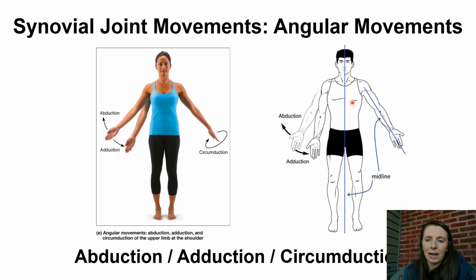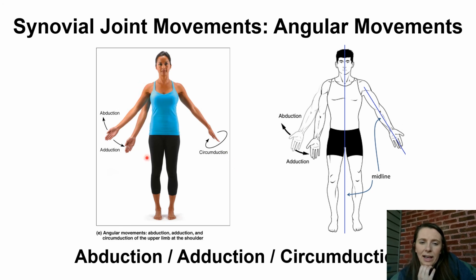So this would be the midline of the body, and then you also have a midline of your extremity, so midline of the axial skeleton, and then midline of the upper limb, and a midline of your lower limb as well.